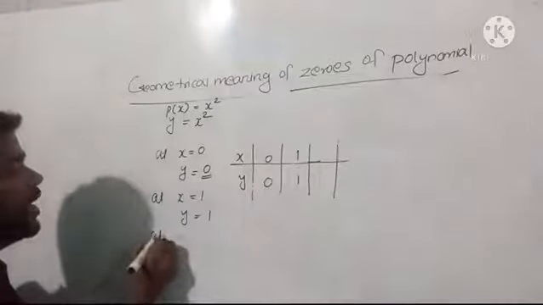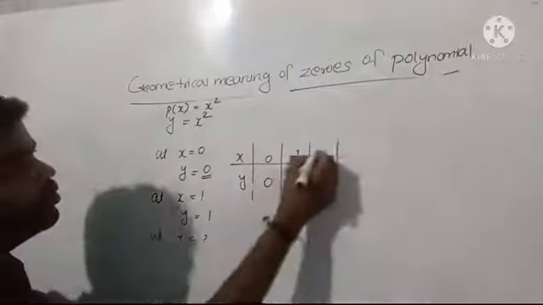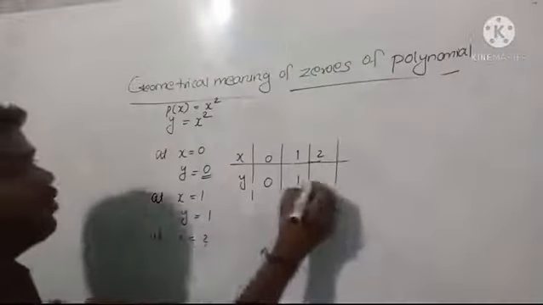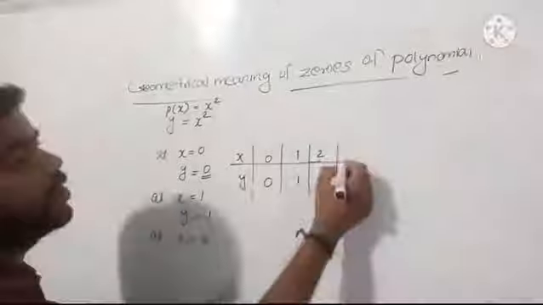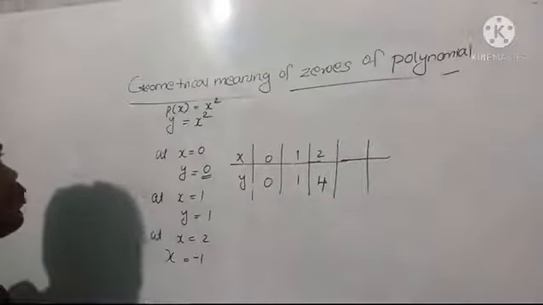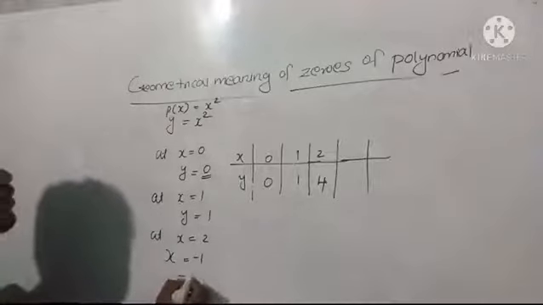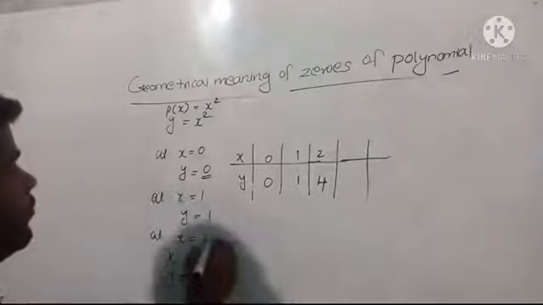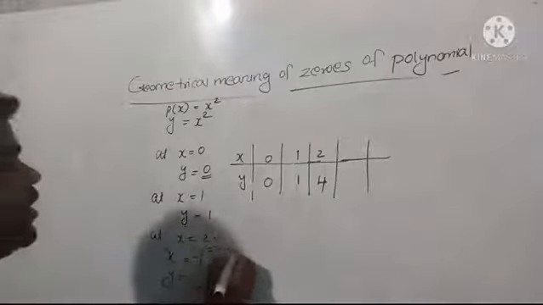So x 1, y 1. Then at x equal to 2, what is the value of y? y is equal to 2 square, that is 4. Then we can substitute negative values also. At x equal to negative 1, what is the value of y? Negative 1 the whole square, that is positive 1.